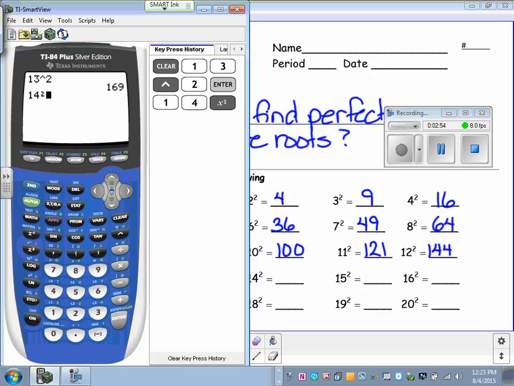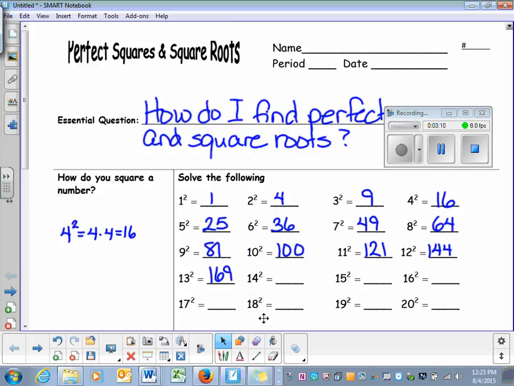Okay, and here it is. What I'm talking about, go diagonal to the left from the 7 on your graphing calculator, and you should see that button. When I press enter, it will do 14 times 14, which is 196.